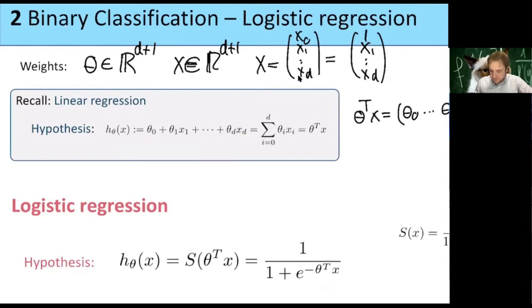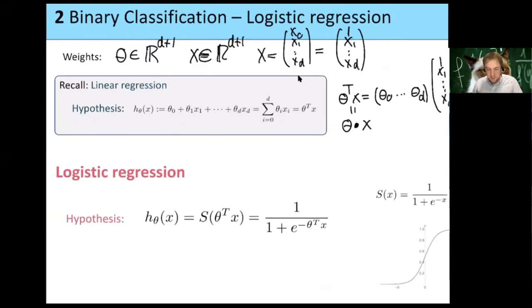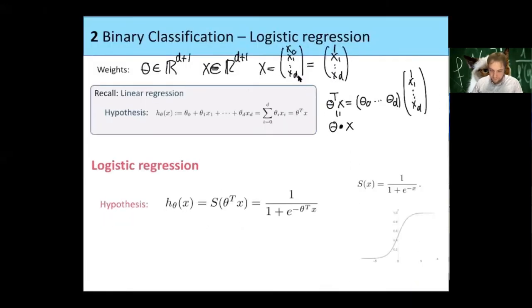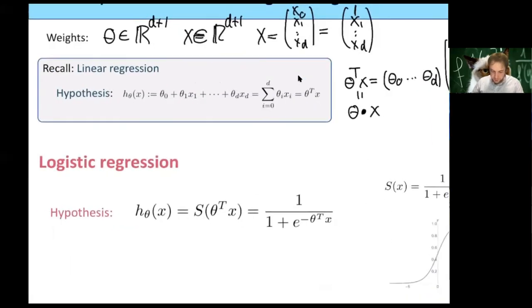You could also say this is just the dot product of theta and x. So this was our hypothesis in the linear regression case. And now in logistic regression, one usually takes the same hypothesis, but plugs it into the sigmoid function. Okay, so this will be the new hypothesis.